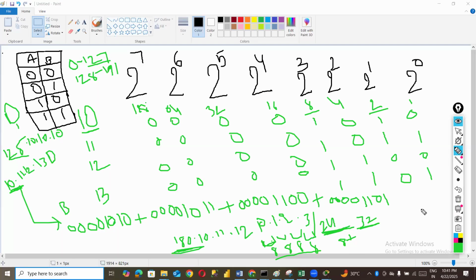We'll divide into 4 octets. So how many octets come under this 24? How many combinations of 8 will make 24? 3, right?